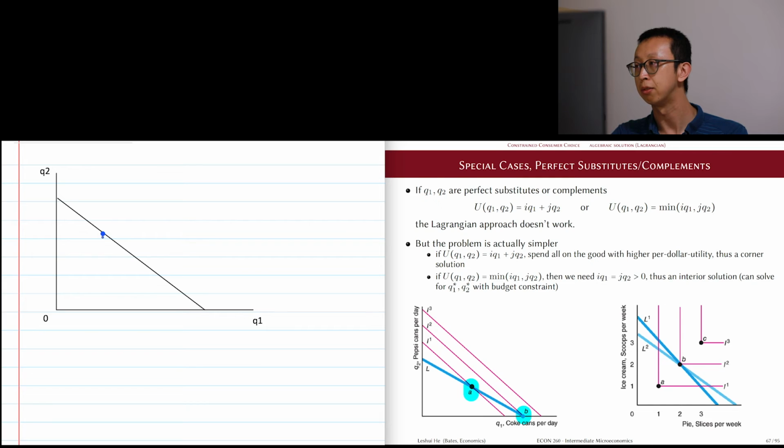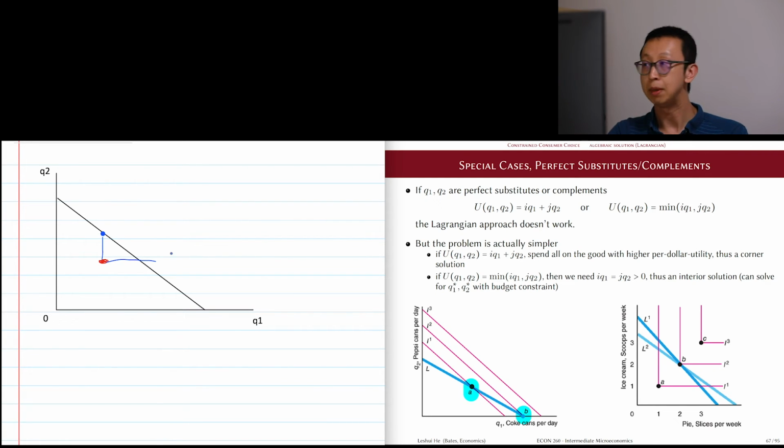Let's say it sits on the vertical arm. Then what that means is that we must have a corner point somewhere inside our opportunity set. And we can have another horizontal arm extending towards the right like this.